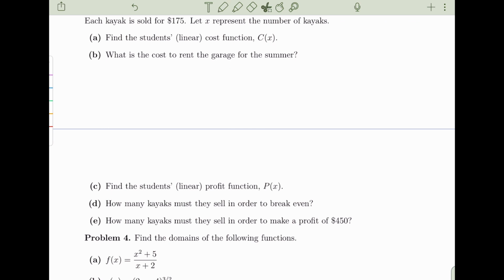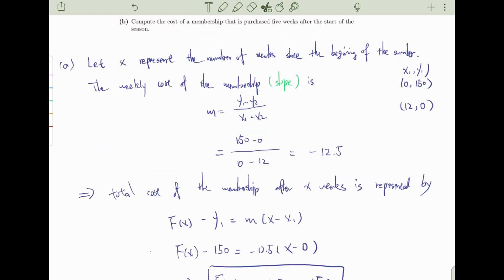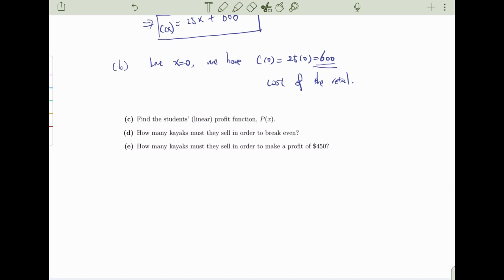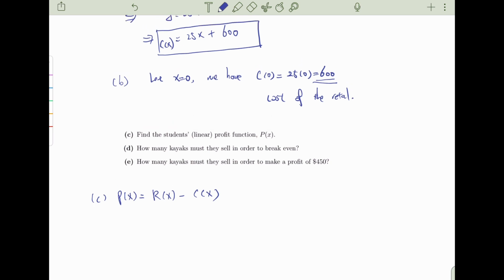So question C here: find the student's profit function. Speaking of profit function, P of x, we need the formula: profit is equal to the revenue minus the cost. So we're gonna figure out the revenue function first. What is the revenue?